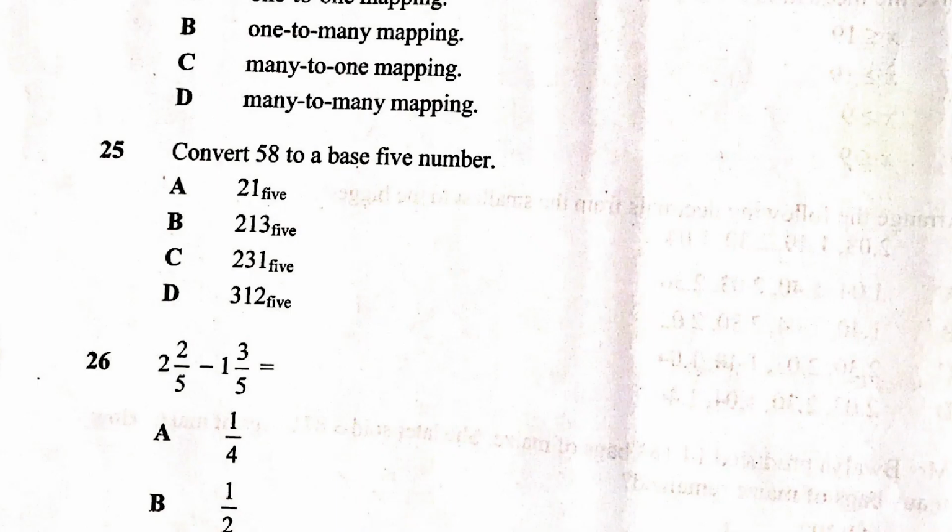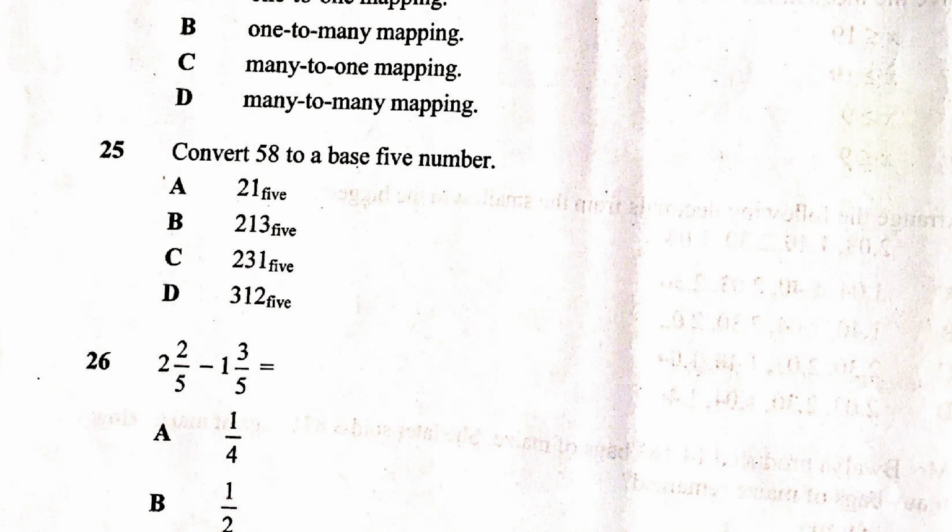Question number 26 says 2 and 2 over 5 minus 1 and 3 over 5. Before we can subtract these mixed fractions, the first thing is we have to change all these mixed numbers into improper fractions.